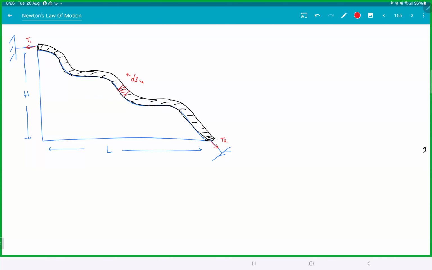Get a small piece there, ds. So what is happening here? The tension, if you look at this, and let this be angle theta. It's like an incline. And remember, theta is variable. At every instant, you have different thetas.